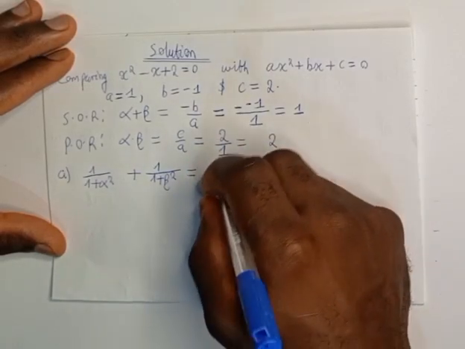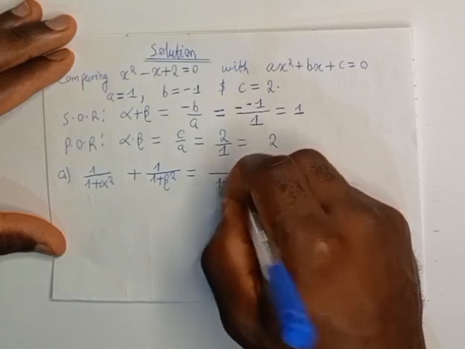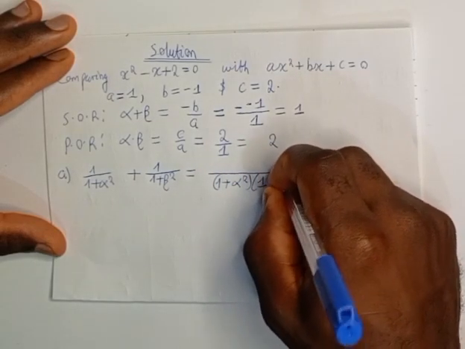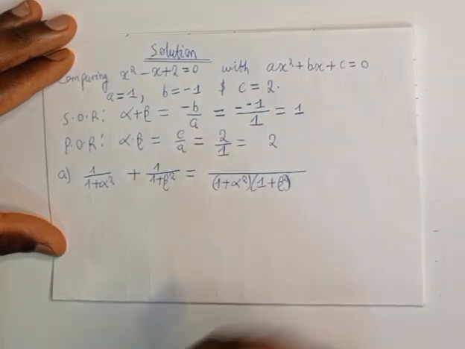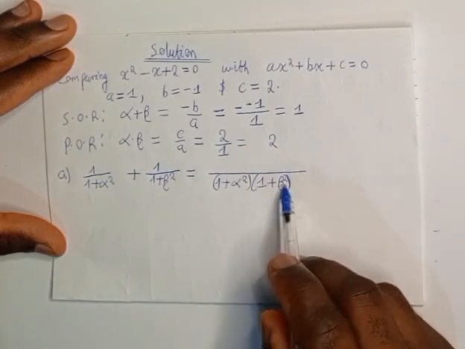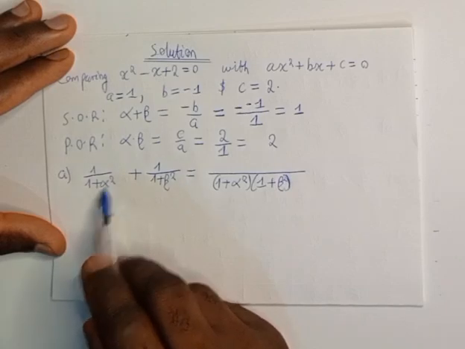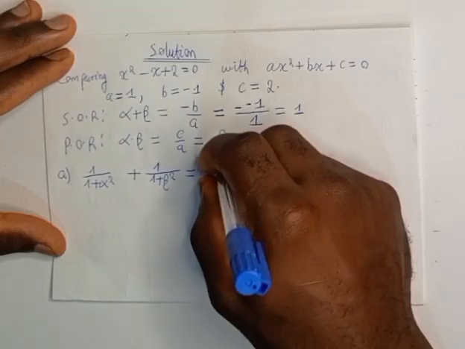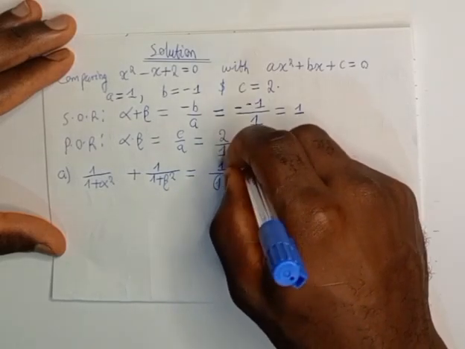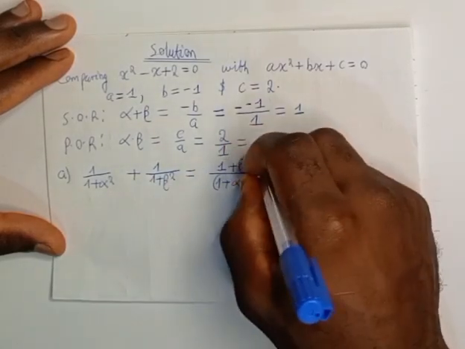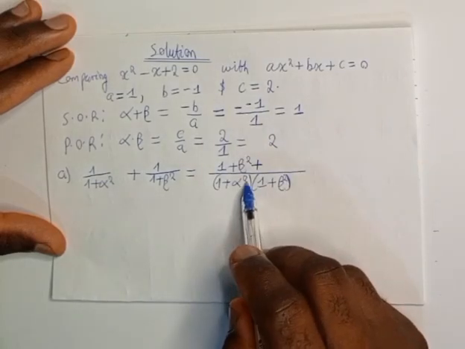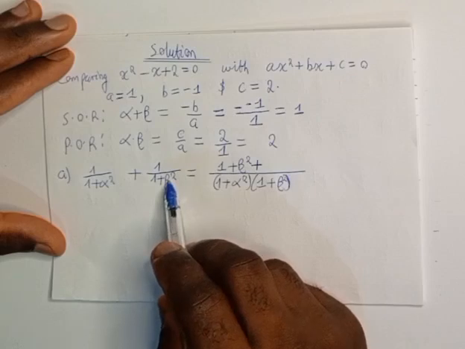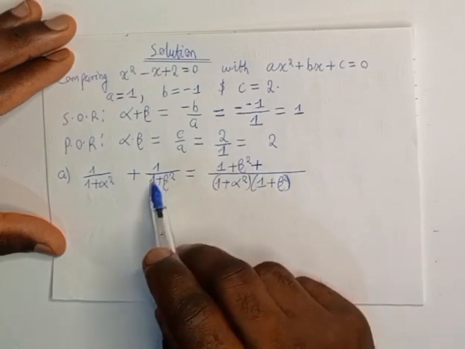The LCM is simply 1 plus alpha squared times 1 plus beta squared. 1 plus alpha squared times 1 plus beta squared divided by 1 plus alpha squared gives us 1 plus beta squared times 1, it remains 1 plus beta squared, plus 1 plus alpha squared times 1 plus beta squared divided by 1 plus beta squared. 1 plus beta squared will strike off 1 plus beta squared.